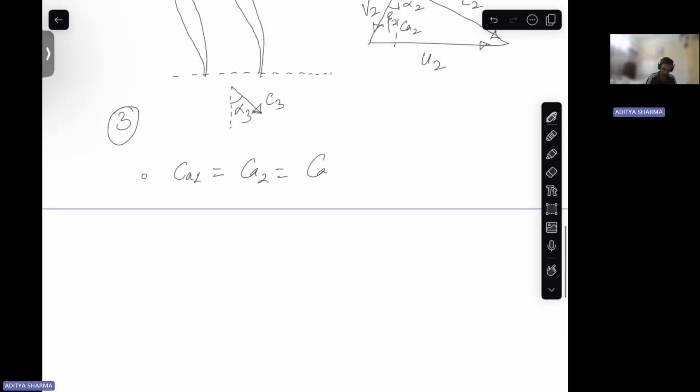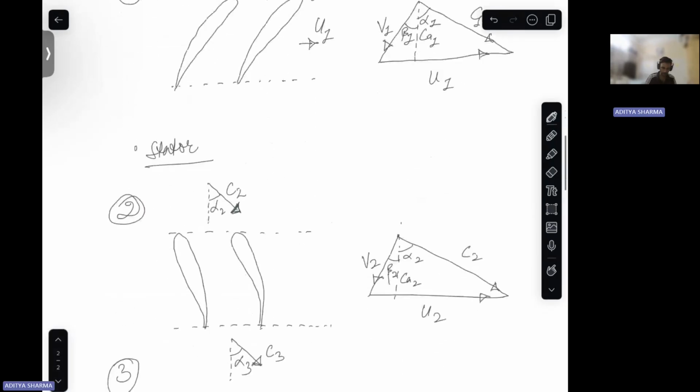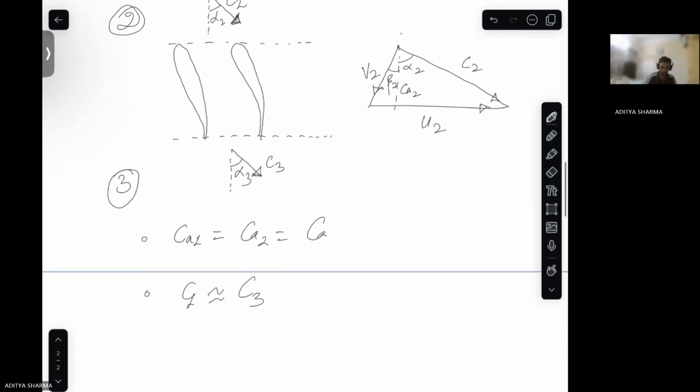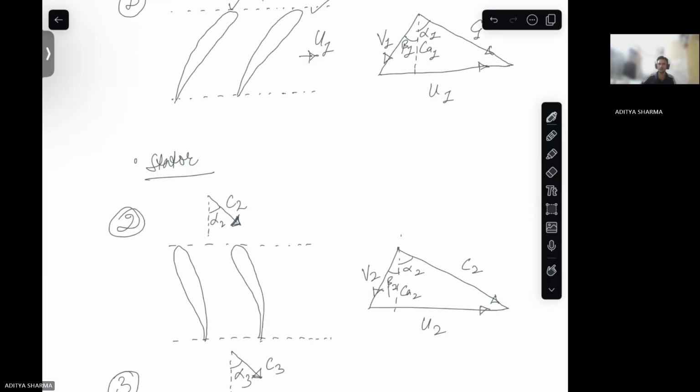So the absolute velocities at 1 and 3 are approximately equal. Right? So this is for your axial flow compressor. And then we can draw these two velocity triangles in one diagram only. So U remains same.